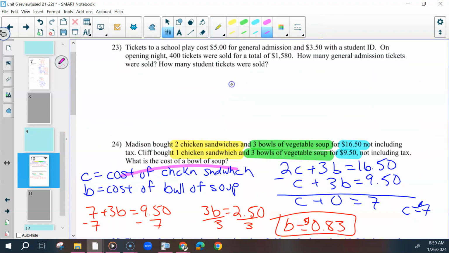For this one, tickets to a school play cost $5 for general admission, $3.50 with a student ID. On opening night, 400 tickets were sold for a total of $1,588. How many general admission tickets were sold and how many student tickets were sold? So your 2 variables, G and S, for number of general admission tickets and number of student tickets.